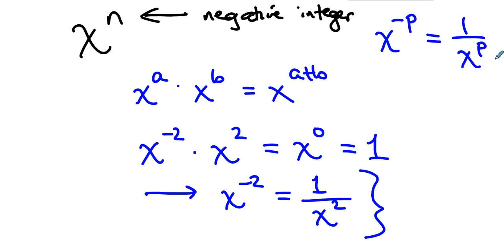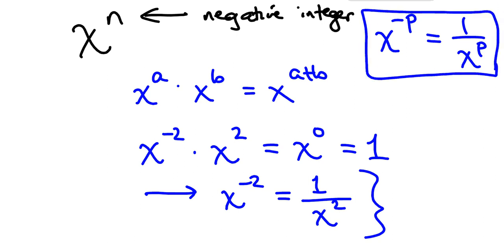And it turns out, as you lay out in the text, that this definition for negative exponents allows us to keep all the properties we like with exponents. It's still true that x to the a times x to the b is x to the a plus b. It's true that x to the c to the d is x to the cd, running off of this definition.